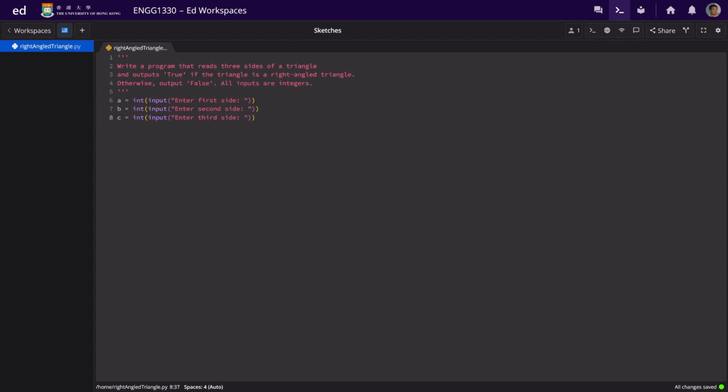We're done. And now, speaking of determining how three sides could form a right angle triangle or not, we would naturally come to the Pythagoras theorem.